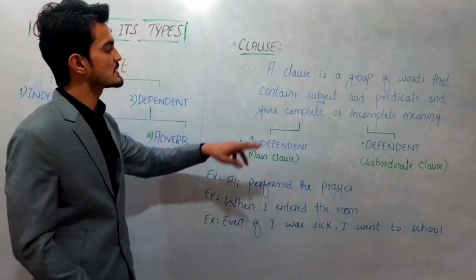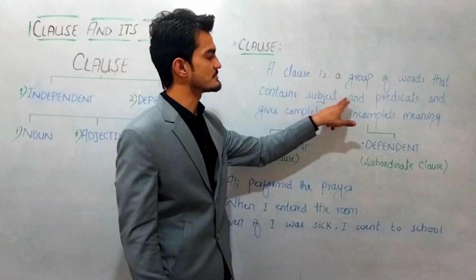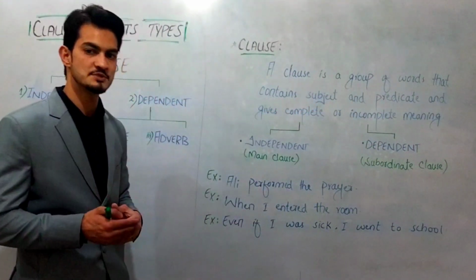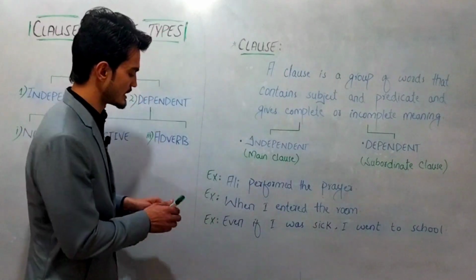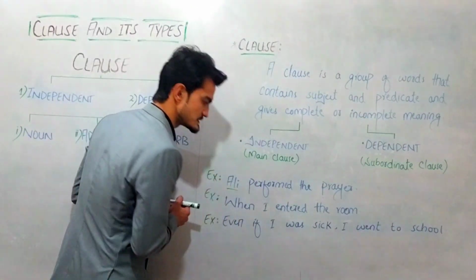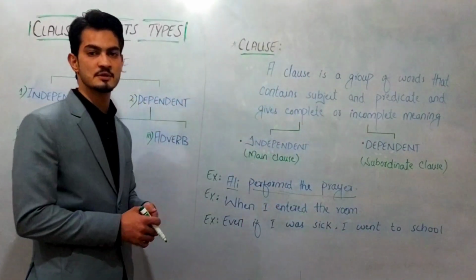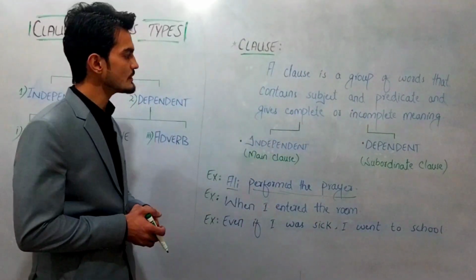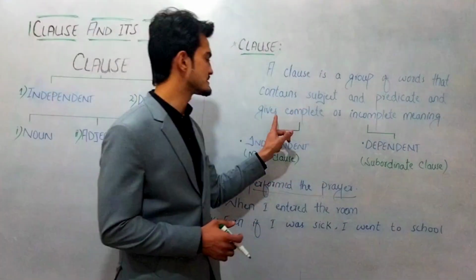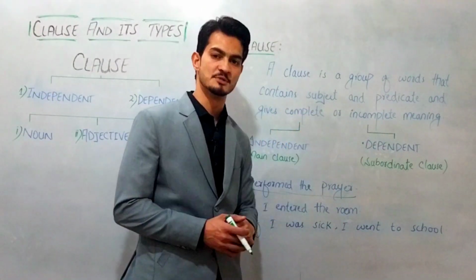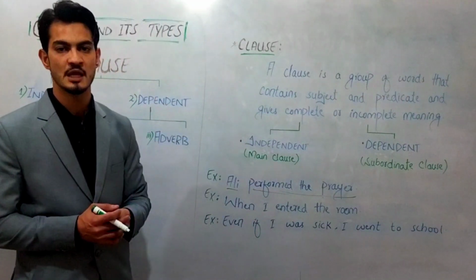Alright. The second point we discussed: that contains subject and predicate, जिसमें हमारे पास subject और predicate मौजूद हों. So if you look here, Ali is the subject, right, and performed the prayer is the predicate. ये हमारे साथ predicate है. The next point we discussed: that gives complete or incomplete meaning, यानी जो complete or incomplete meaning दे, that is called a clause.